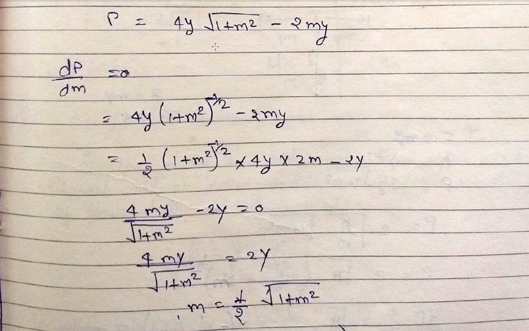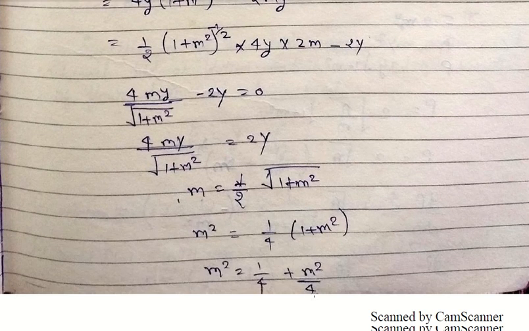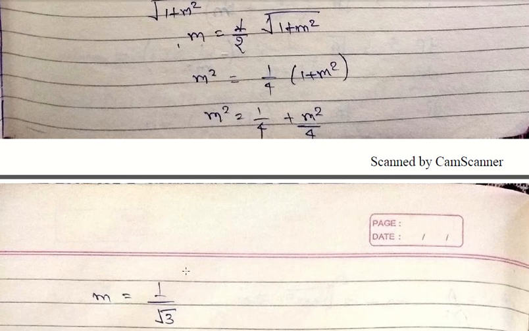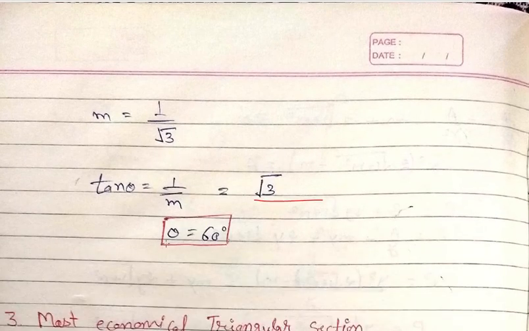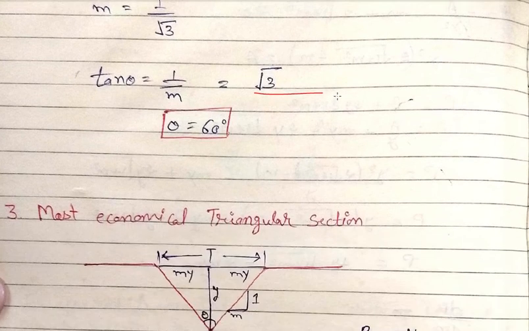So here y terms are 0. So here we calculate the m value, which equals 1 by root 3. The m value in tan theta is 1 by m, so theta equals 60 degrees.